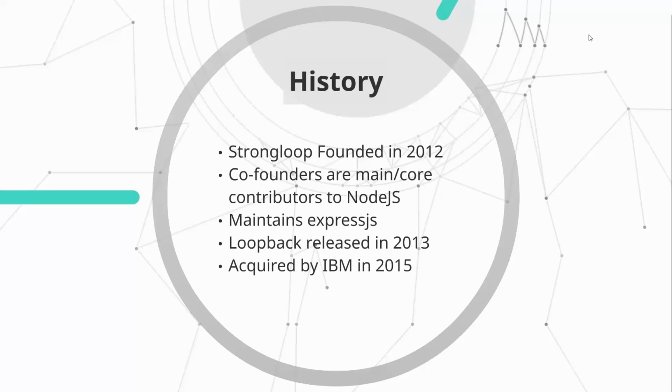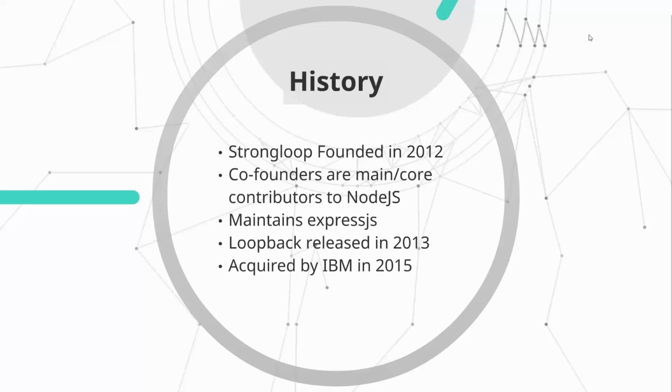The history of StrongLoop and Loopback. StrongLoop, the parent company of Loopback, was founded in 2012. The co-founders of StrongLoop were very prominent people in the Node.js community, and they are main contributors to the core Node.js application. The founders of StrongLoop are also currently maintaining one of the biggest Node.js packages out there called Express.